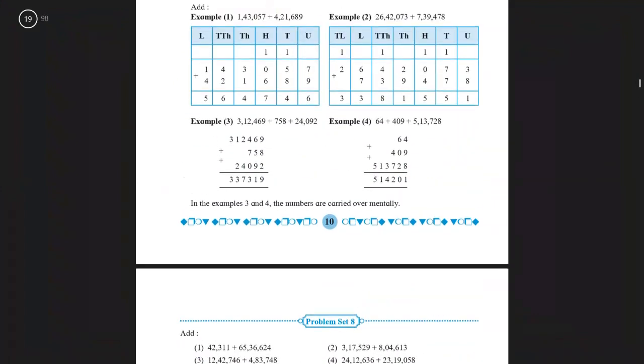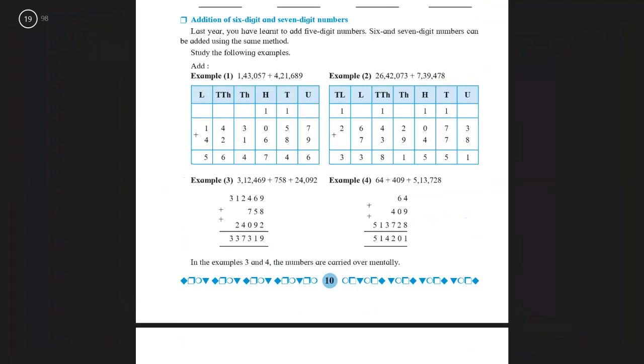Now, there may be few numbers like this as they have shown in the solved examples, wherein look at example 3. Now you have 3,12,469 plus 758. Now when you have numbers like this, as I've told you before, you will always start from the units place.